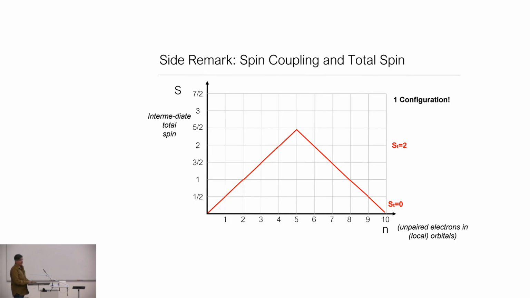Obviously there are many ways to walk through that branching diagram, right? In this case, I have a configuration where the first 5 electrons are coupled in parallel and the next 5 are coupled in antiparallel. That would be the kind of situation that you meet, for example, in antiferromagnetically coupled transition metal complexes.